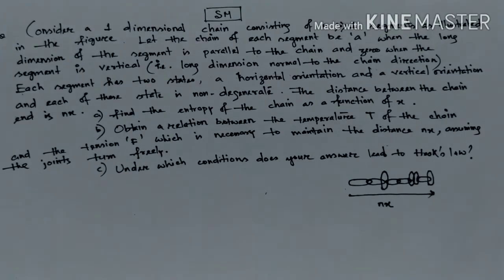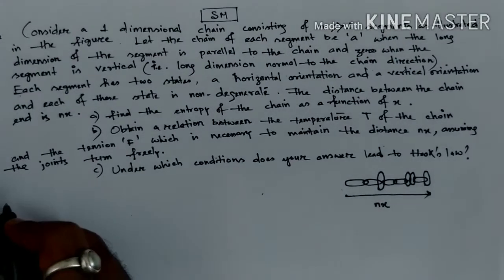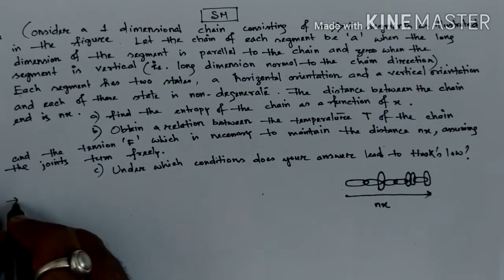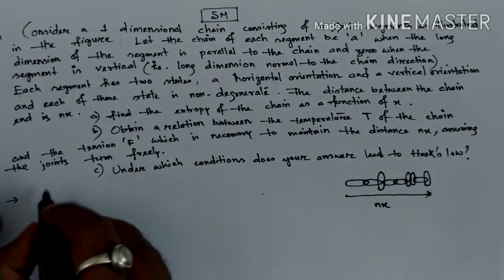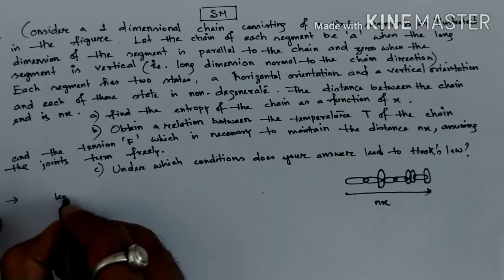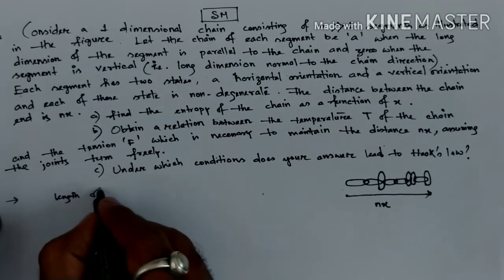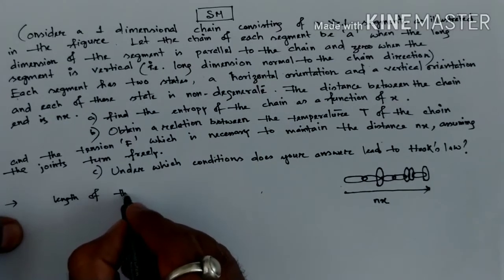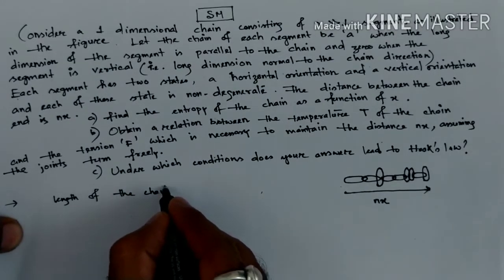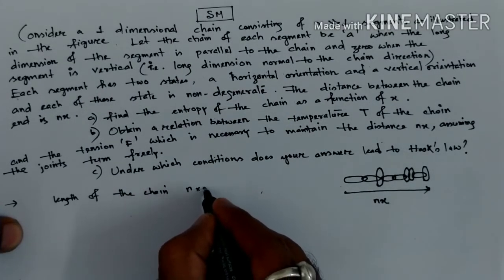Firstly, we have to find the entropy. In order to find the entropy, we have to know the number of microscopic states. As we know, the length of the chain is n into x.